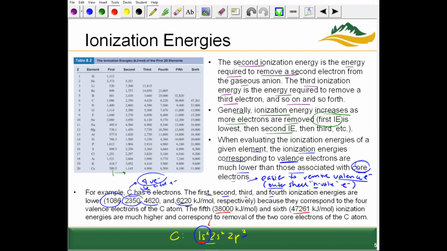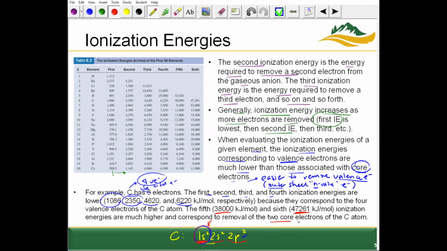It takes a ton of energy to remove 2 electrons from this inner shell, or 1s2. These 2 are easier to remove than these 2, but these 2 inner shell electrons, where n is equal to 1, those are really, really difficult to remove, as we can see based on these very large ionization energies.